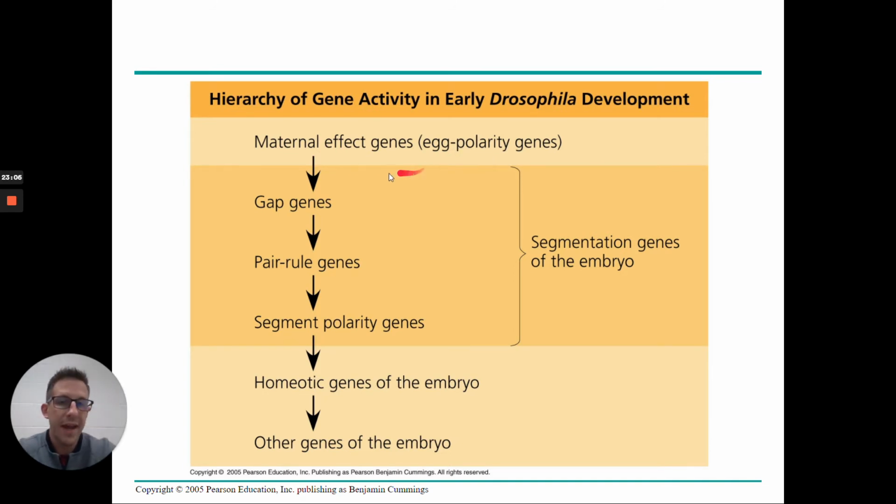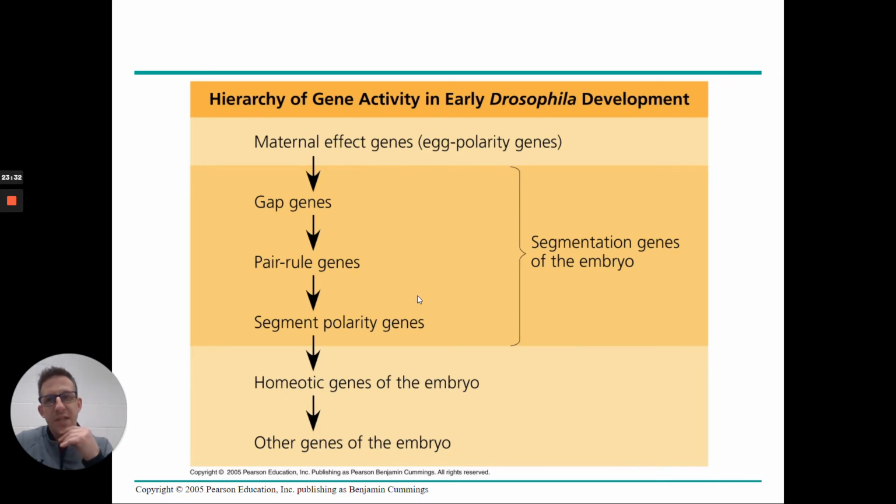Once the axes are established, these segmentation genes are turned on in sequence. The first ones to turn on are called the gap genes. Once they do their thing, they turn on the pair rule genes, and then we turn on the segment polarity genes. And each one of these gene sets does something specific, right?